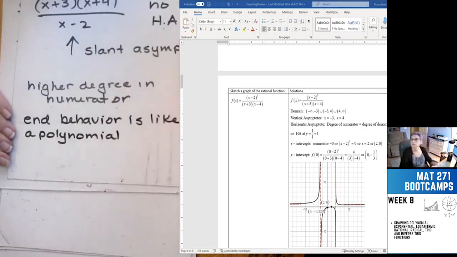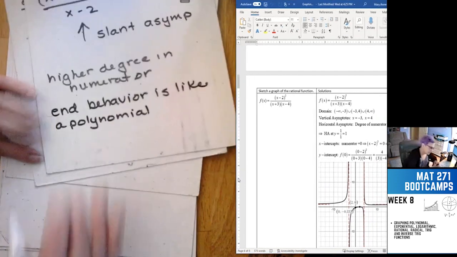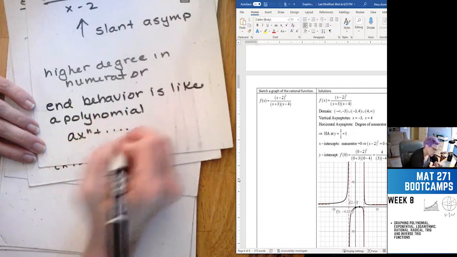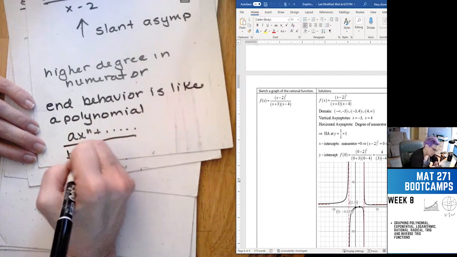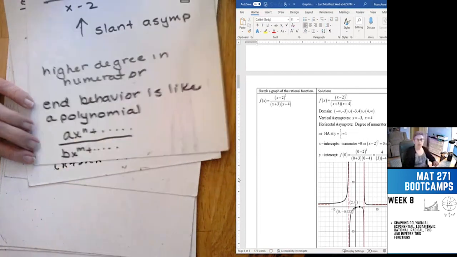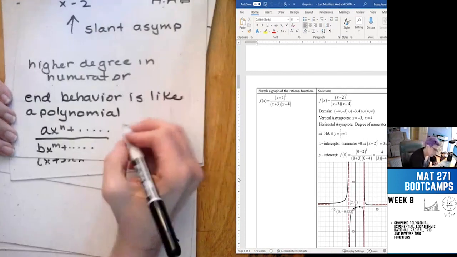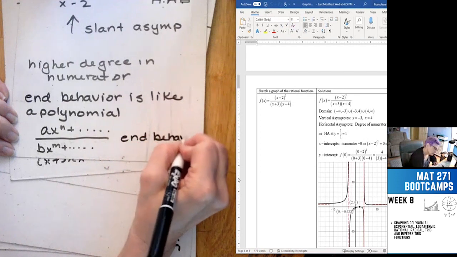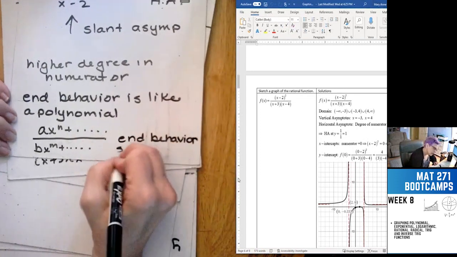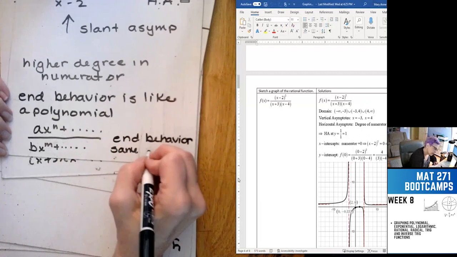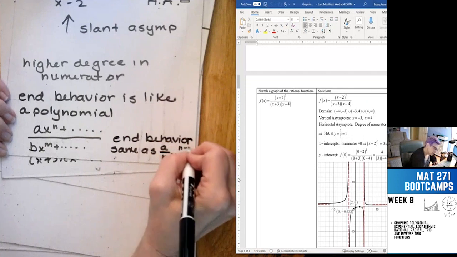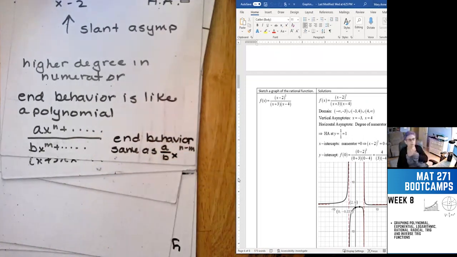For example, if we had something that started with ax to the n plus a bunch of stuff over bx to the m plus a bunch of stuff, then your end behavior is the same as a over b x to the n minus m.